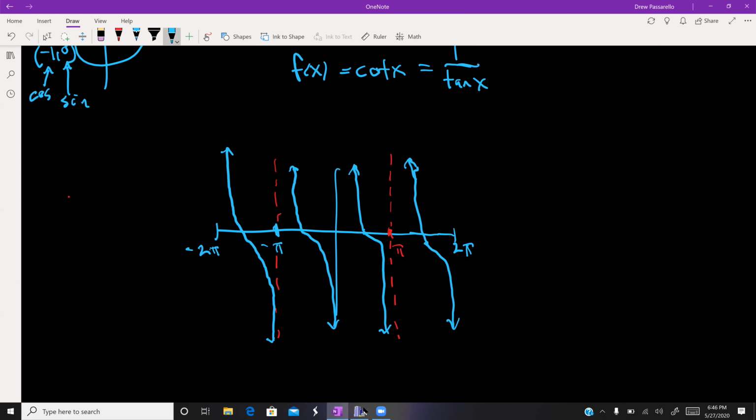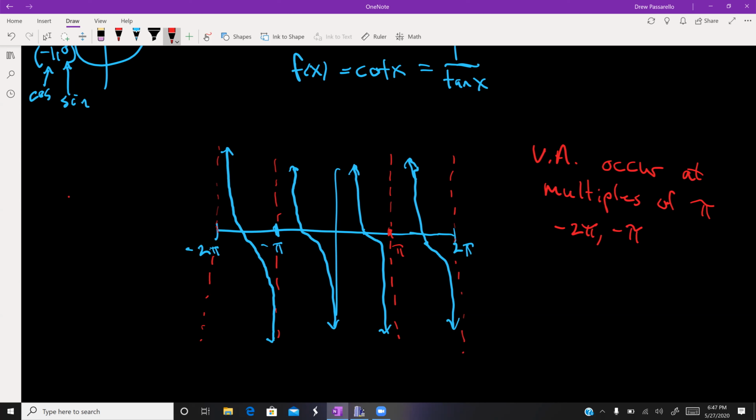So I needed to know that I have these asymptotes. And I could draw more dashed lines like that. -2 pi is an asymptote, and then 2 pi is an asymptote. So the vertical asymptotes occur at multiples of pi. Like -2 pi, -pi.